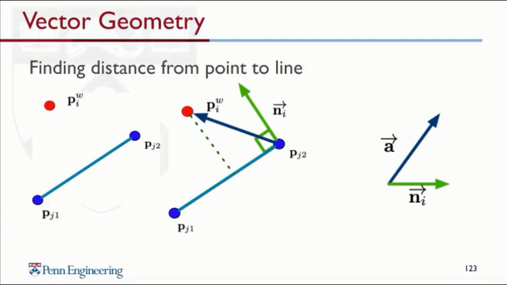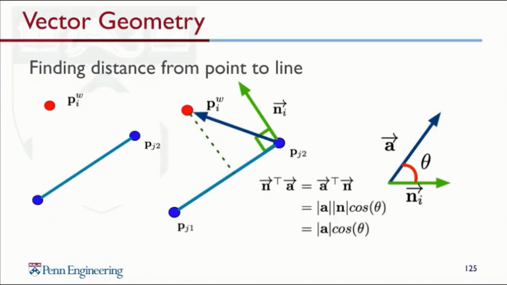Next, the normal vector n_i is the vector that is perpendicular to this particular line segment. The angle between these two vectors is theta. From vector geometry, we know that the inner product of n and a, or n transpose a, is the same as a transpose n, and by definition is the magnitude of a times the magnitude of n times cosine theta, the angle between them.